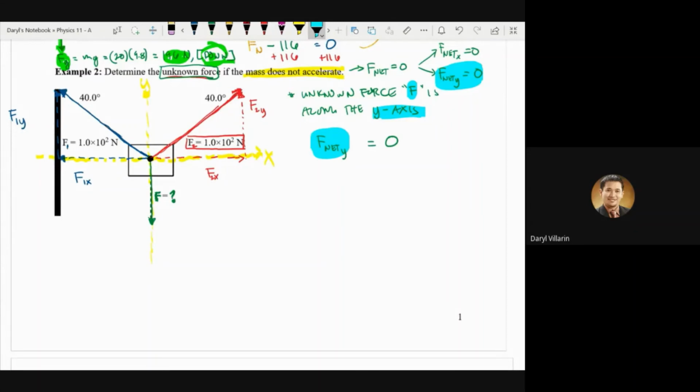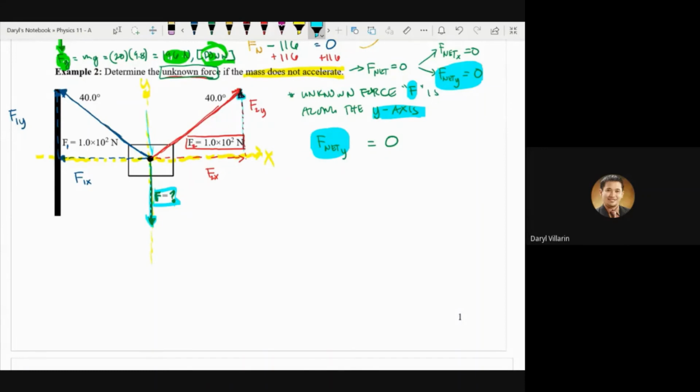Well, that's the purpose of having your free body diagram, because you can see that you have F that is downward. This is along the y-axis. And if you can see here, this line is just parallel to this line, so therefore that is along the y-axis.